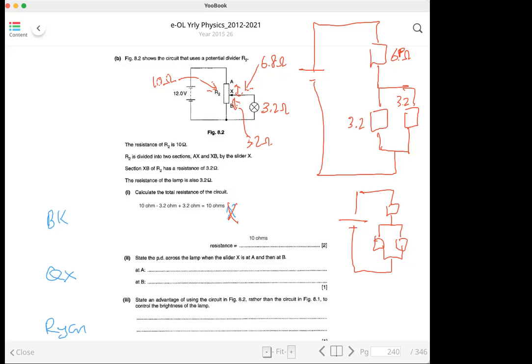Ryan, can you state your answer for part 3 onto the screen? Use annotation. Okay, let me just draw 8.1 for you.